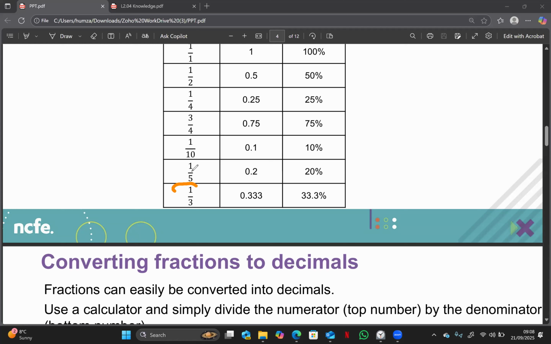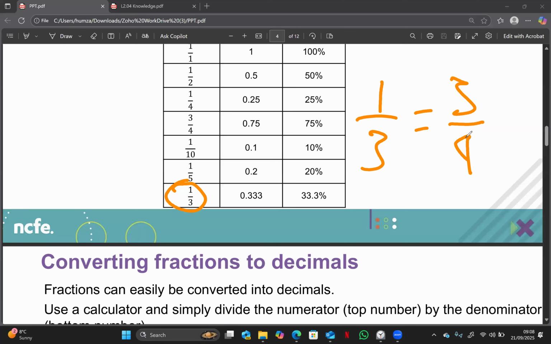So if you can see this, 1/3 equals 33.3%. So 1/3 actually doesn't go into 100%.